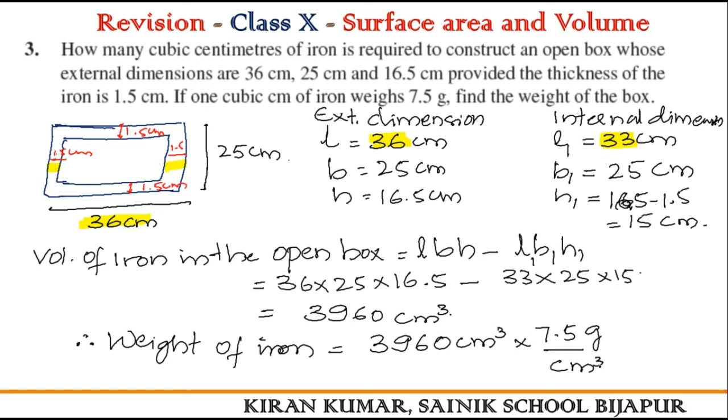This centimeter cube will get cancelled. We'll be getting 396 into 75. That will be in terms of gram. To convert to kg, we'll divide it by 1000. We'll be getting 29.7 kg.